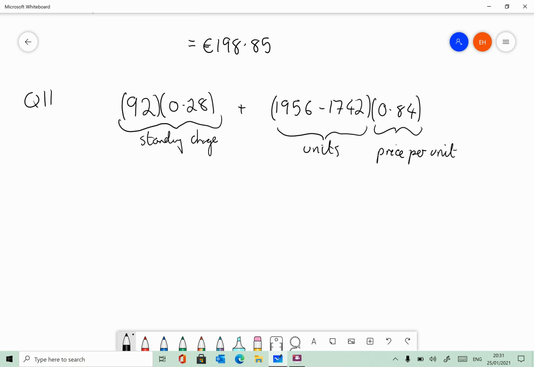Are you okay with that? So I can just put it into my calculator: 92 multiplied by 0.28 plus, I should use brackets, 1956 minus 1742 times 0.84, and that gives me 205 euro.